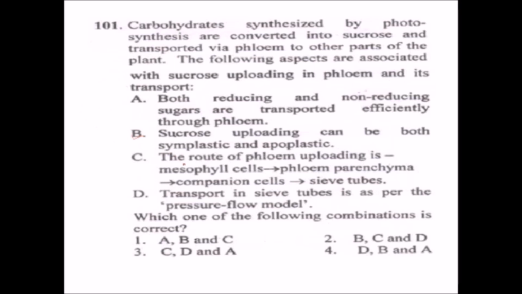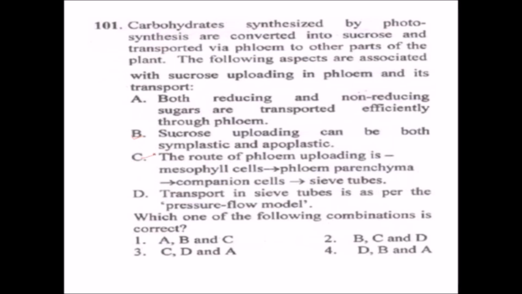Another is that the route followed by sucrose is that it will first be uploaded from the mesophyll cells towards the phloem parenchyma, towards the companion cells, and finally it arrives at the sieve tubes.